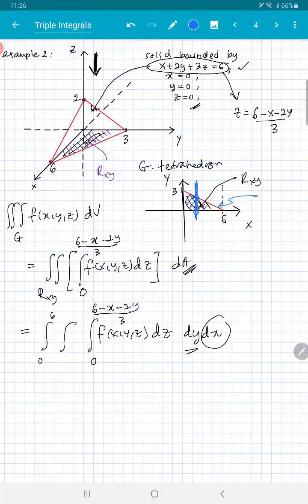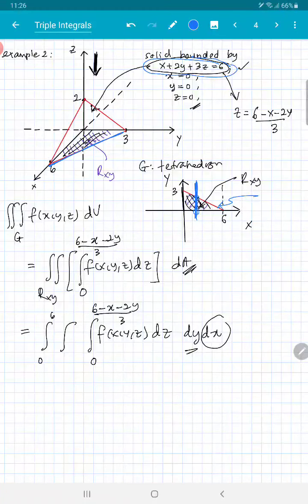That happens when z is 0. So you can use the plane here, because this line here is part of that plane, but when z is 0.